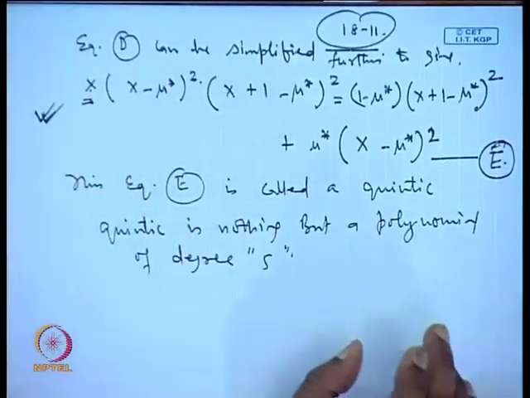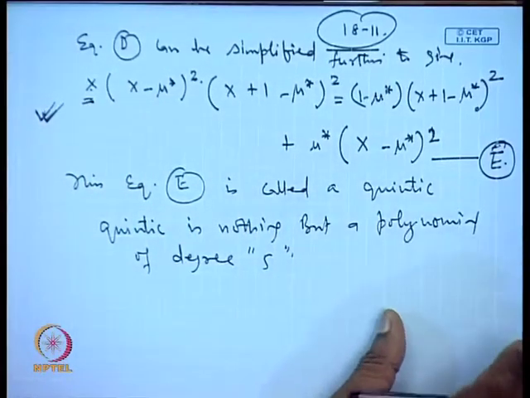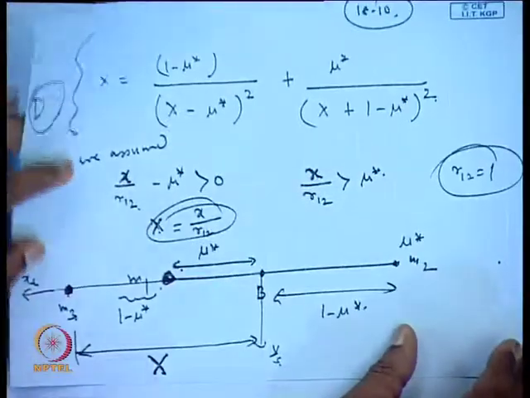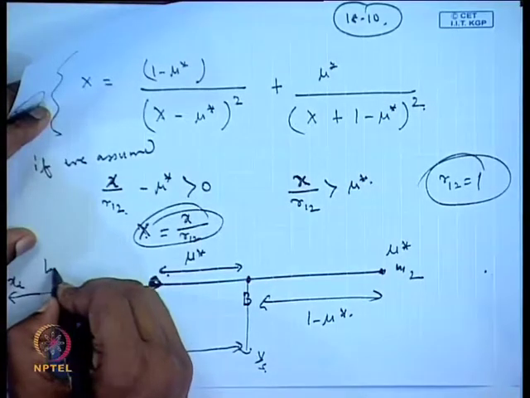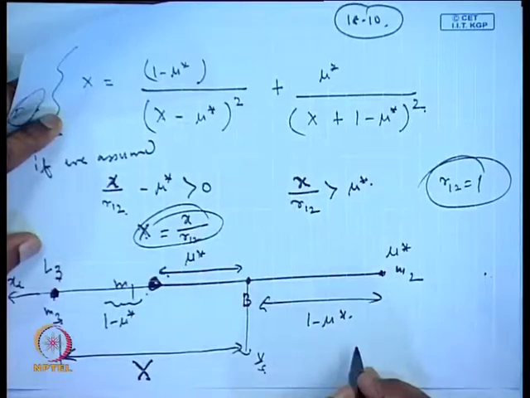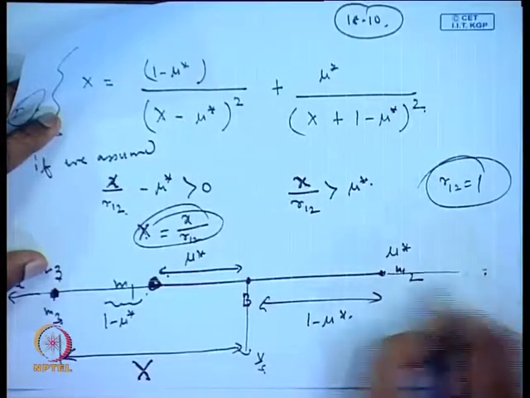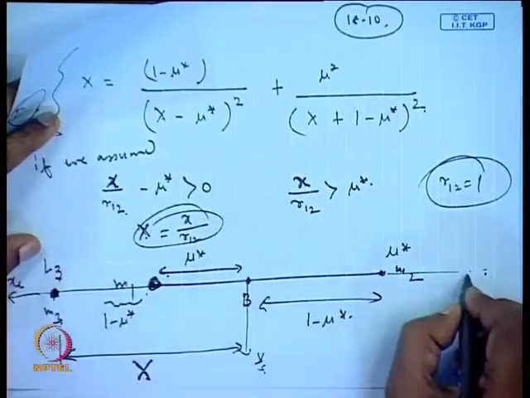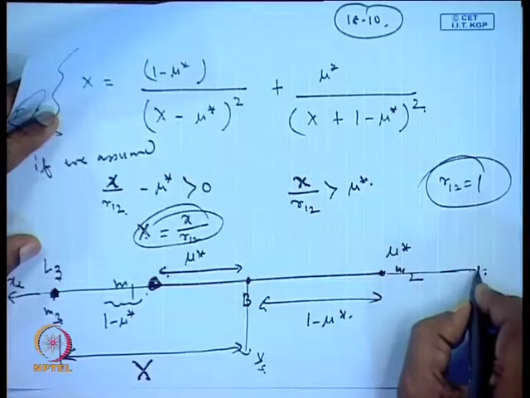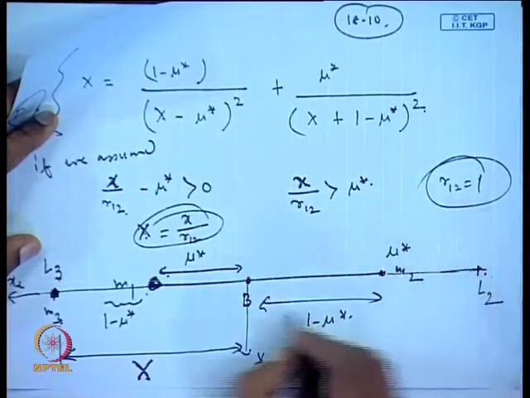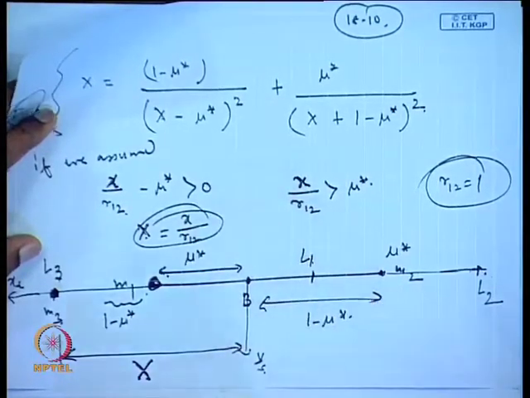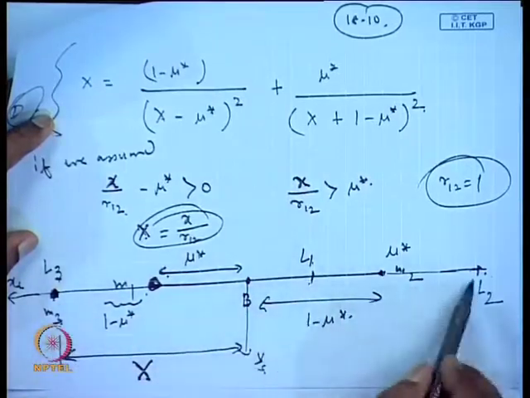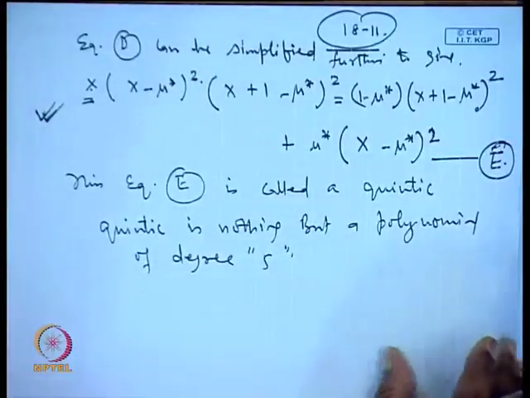So, you will get only one positive solution out of this, and that gives you one librational point, which we will write as L 3. On the right hand side of this M 2 we will get another point, which we will write as L 2, and in mid between we get another point, which we will write as L 1. So, we still have to work out L 1 and L 2.